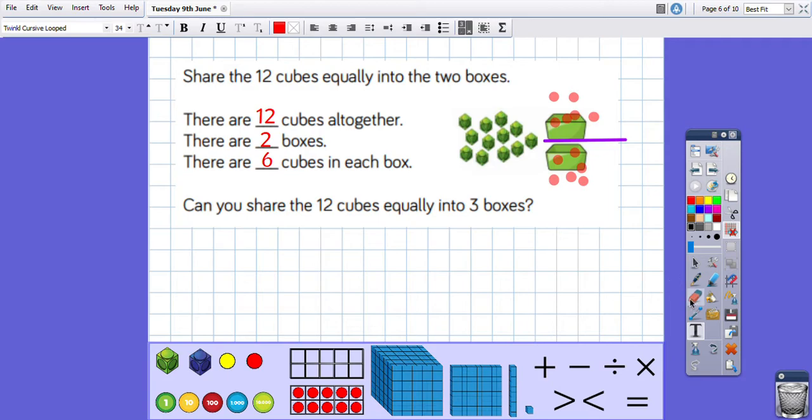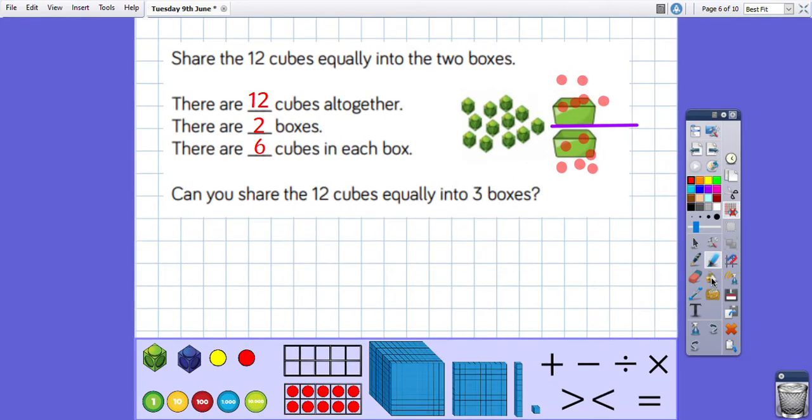Okay, so I'm going to make 3 boxes and we are going to share 12 cubes. 1, 2, 3, 4, 5, 6, 7, 8, 9, 10, 11, 12. Can you see they would be my 3 boxes?